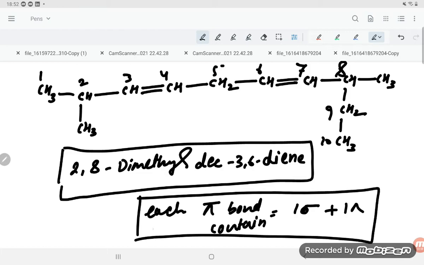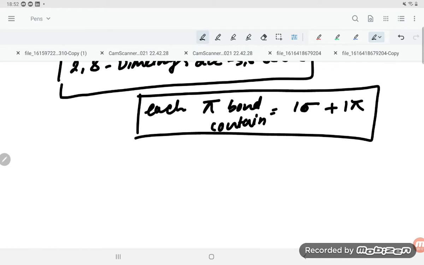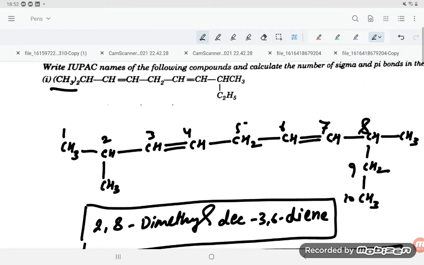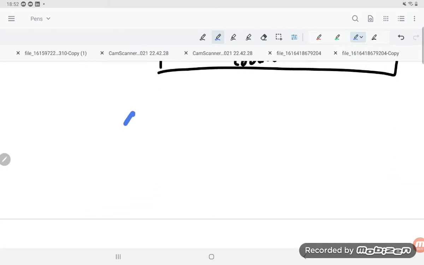Each pi bond contains 1 sigma and 1 pi, right? Now let us solve this problem, students. Firstly, you see the pi bonds. How many pi bonds can you find? Here you see 1 pi bond, and here is 1 pi bond. So how many pi bonds are there, student? 2. Pi bond is 2.